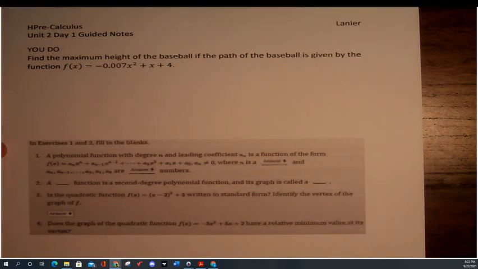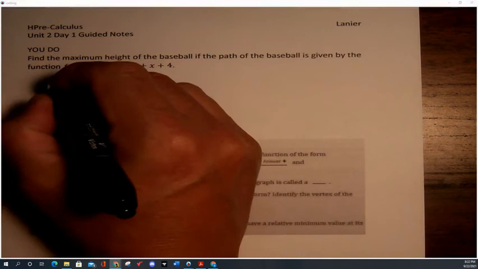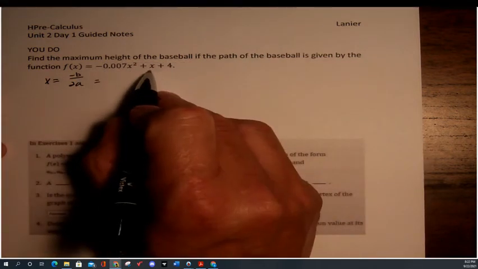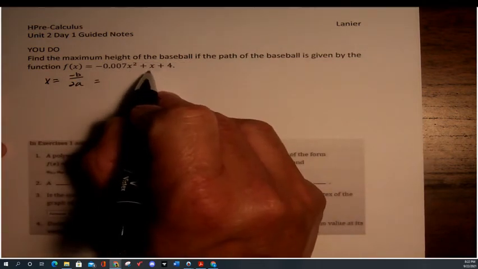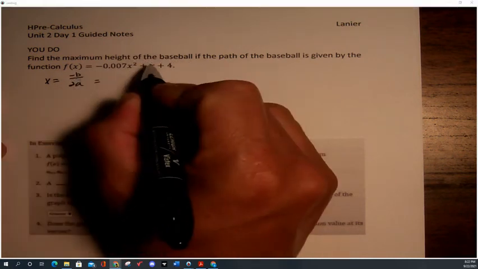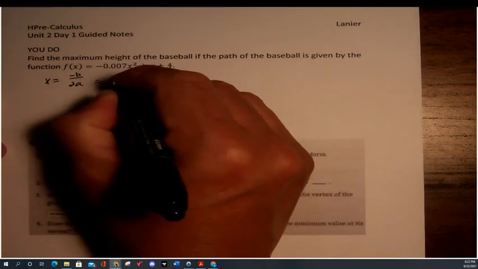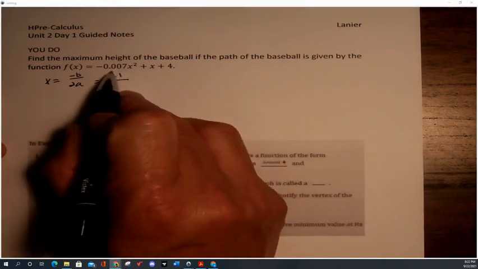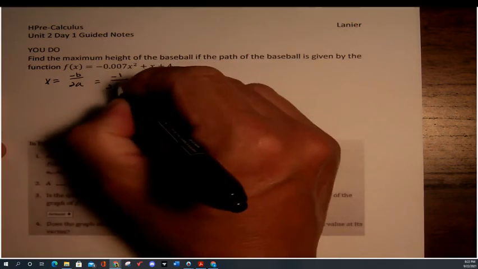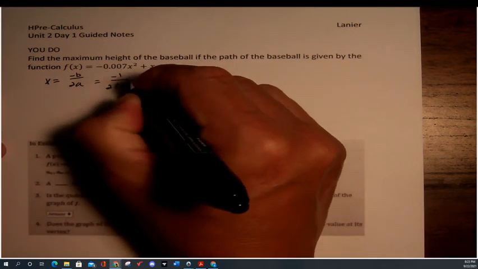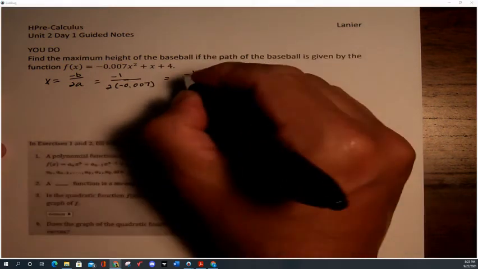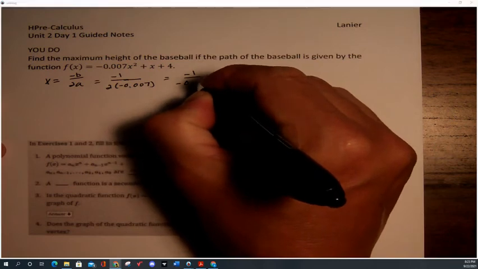Okay, so you've worked this out. You started with x equals the opposite of b over 2a. You saw that the function has a b value of 1. So opposite of b is equal to 1. So opposite of 1 is -1. The function has a value of -0.007. And times 2, that should be -0.014.